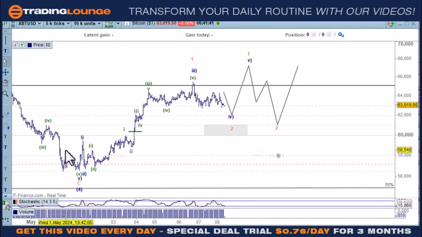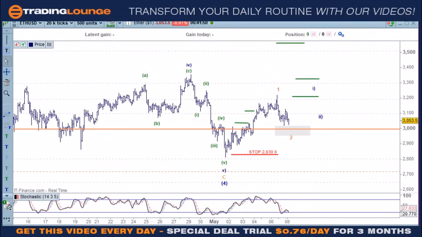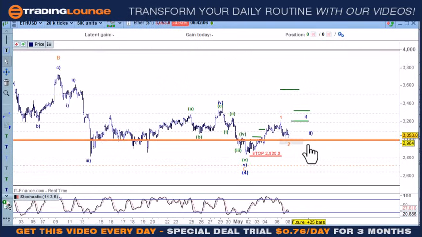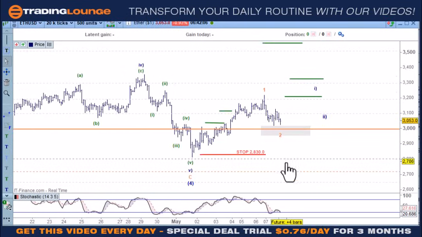When I count this, it does appear that it's better for this to be 1 and 2 here, but when we look at Ethereum, at Ether, we can see that Ether has already dropped back quite sharply. It's got the personality of a wave 2, so we can pretty much bring the wave 2 into the 3000 area there and then pushing up higher at this point. So yeah, that wave 4 is looking done and dusted.